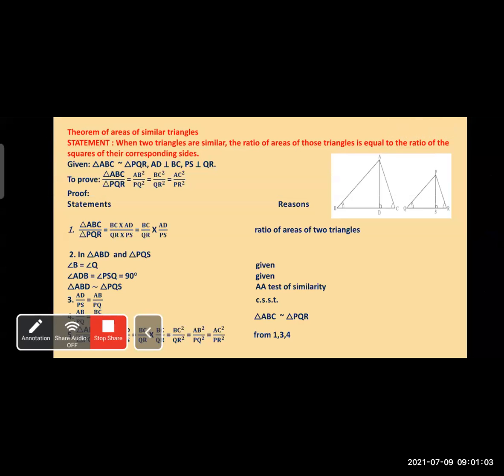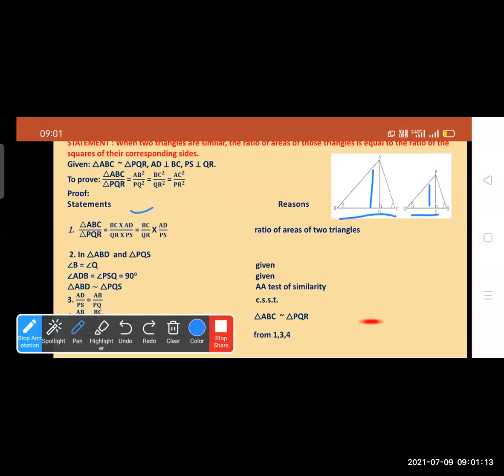Okay, now the second condition. In triangle ABD and PQS, take this left side triangle ABD and PQS. Okay, so in this, angle B is congruent to angle Q. That is given. And angle ADB is 90 degrees and angle PSQ is also 90 degrees.